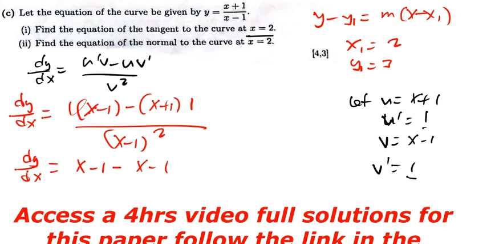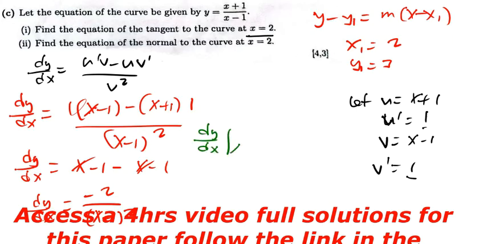We can clearly see that x and x will cancel out, x minus x is 0. So negative 1 minus 1 is negative 2, over x minus 1 squared. Don't expand the denominator, because you have to plug in the values.